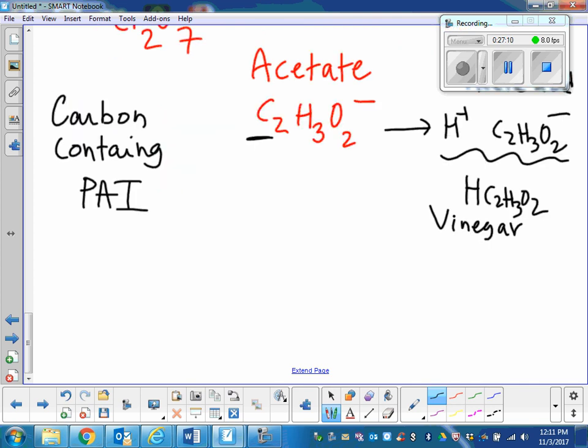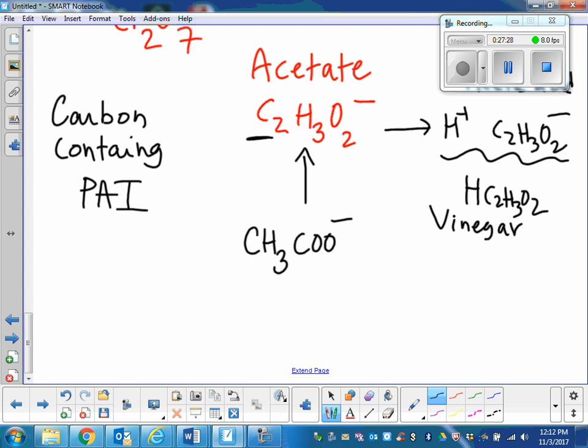Now, this is actually sour. Acids. Now this, even though it's written like this, is actually CH3COO minus. 2 carbons, 2 oxygens, 3 hydrogens.